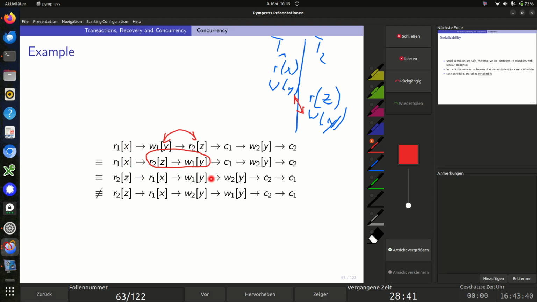Then again we can swap, for example, commit 1 and write 2, because this is the commit of another transaction, so we are allowed to swap those. But those two operations are in a conflict, and therefore the new schedule is not conflict equivalent to the first one. So that's how you achieve conflict equivalency: changing non-conflicting operations.